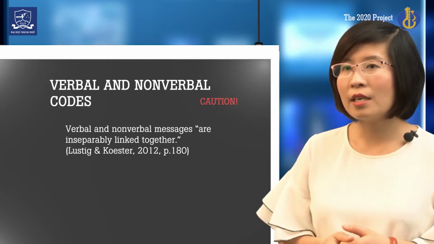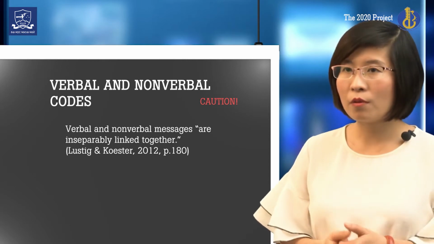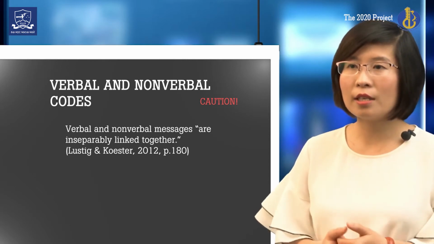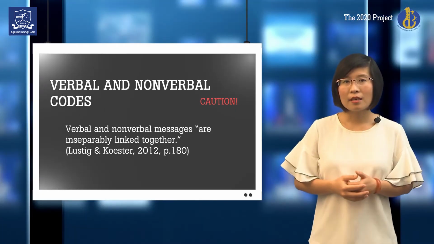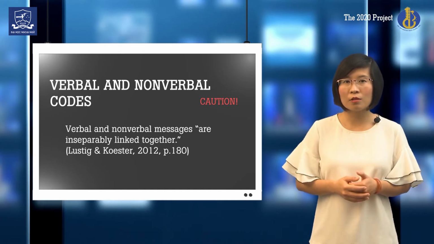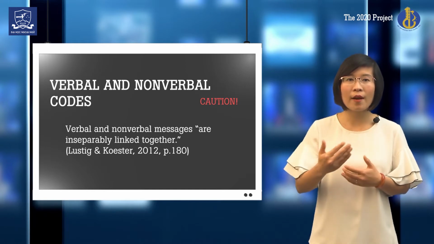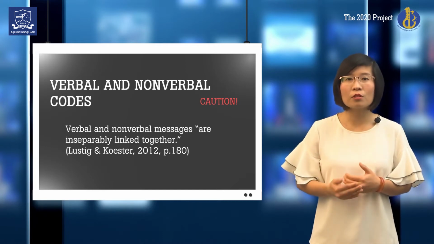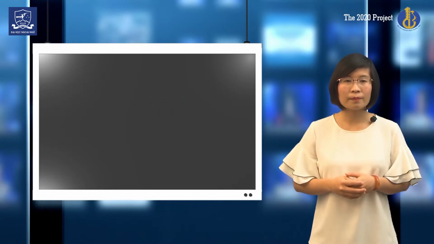From the previously mentioned examples, we can see that verbal and nonverbal codes may communicate meanings together or separately. In fact, they are inseparably linked together to form the code systems through which the members of a culture convey their beliefs, values, thoughts, feelings, and intentions to one another.